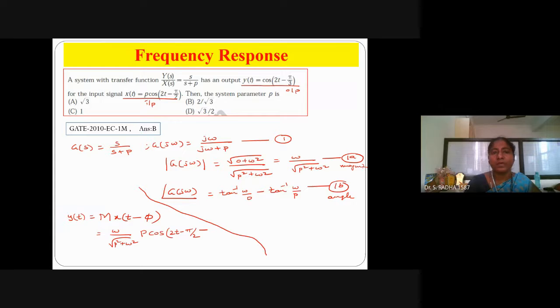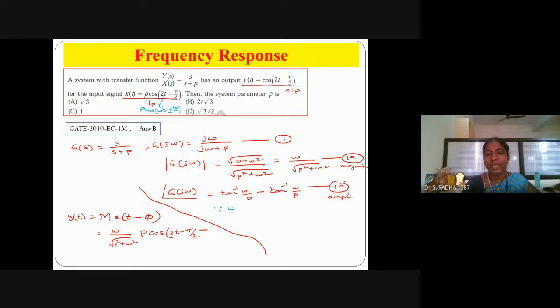From the input, this is of the form a cos omega t plus or minus theta. Input format is like this. So omega value you can see it is 2. Okay.